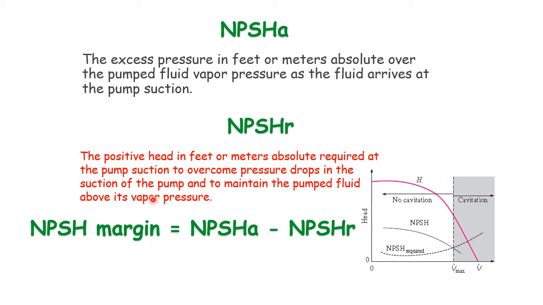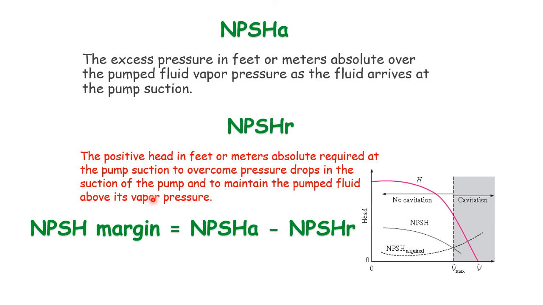Once we do the system design, as a system designer we should calculate the NPSHA, and then pass that NPSH number to the pump manufacturer, who proposes a design with a pump whose NPSHR is less than the NPSHA.